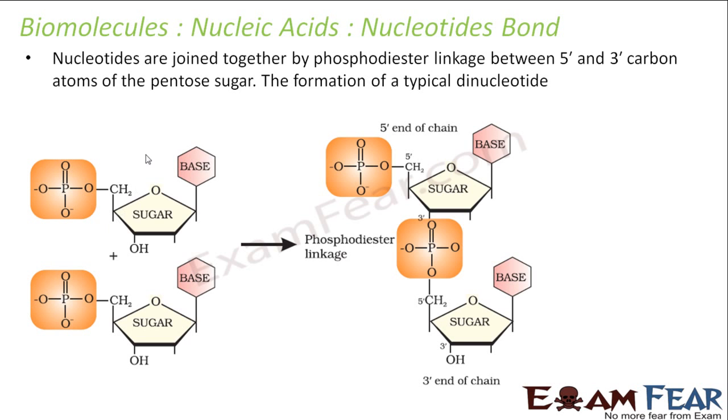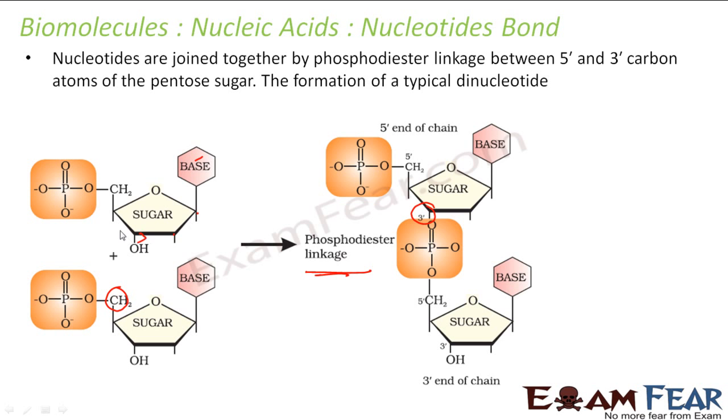This is my nucleotide, and this is my nucleotide. Each has a base, sugar, and phosphate. So these are my two nucleotides. They are joined by phosphodiester linkage, carbon 5 and carbon 3.